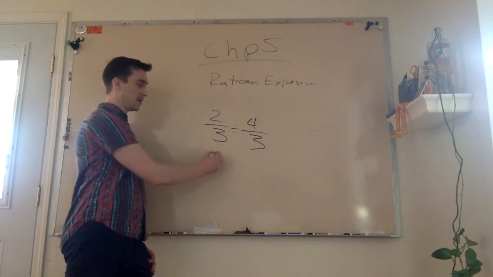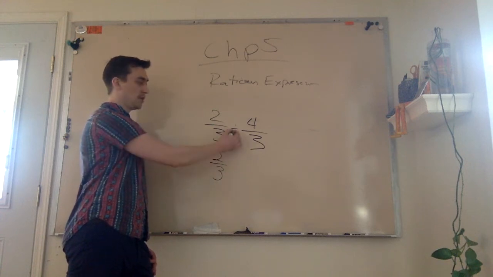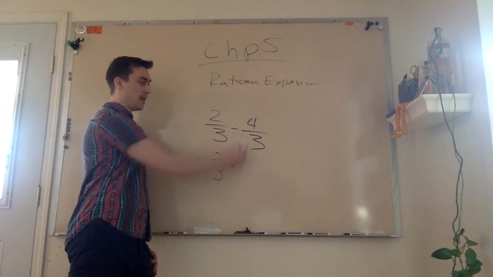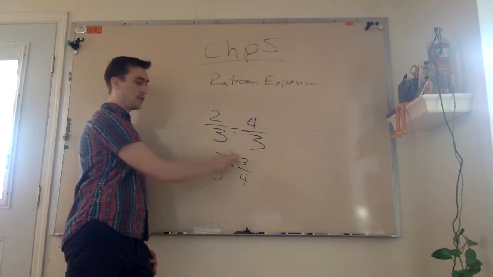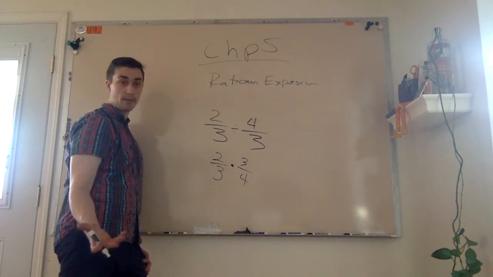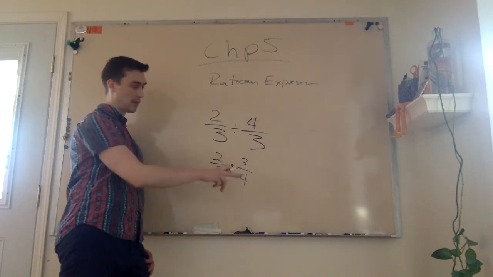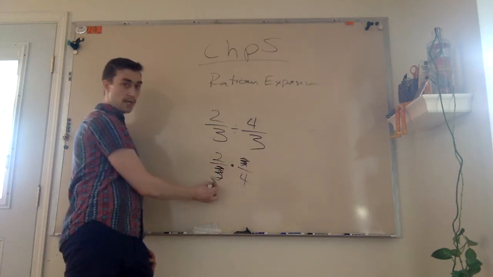You keep the first one the same, keep 2/3 as 2/3, change the division to multiplication, and flip 4/3 to 3/4. Keep, change, flip. And now it's just a multiplication problem, which is easy. You go straight across the top and straight across the bottom. Although you can see here that you have a 3 on the top and a 3 on the bottom, so those cancel immediately.